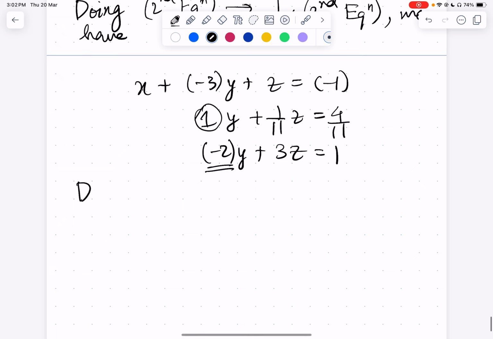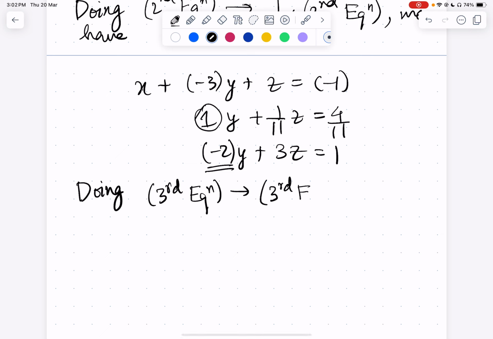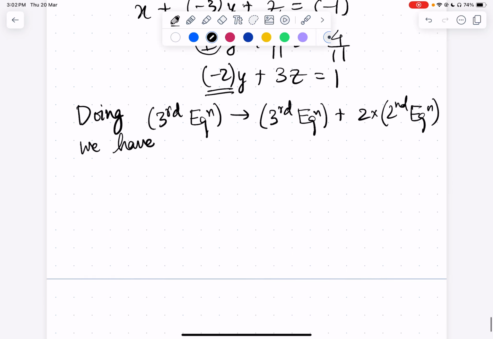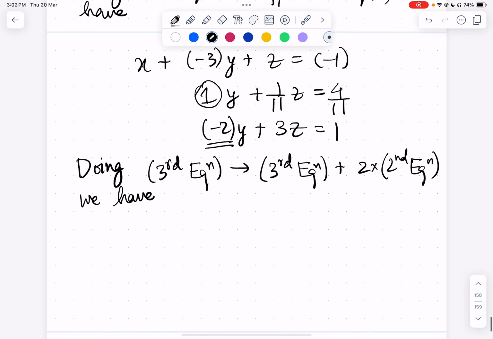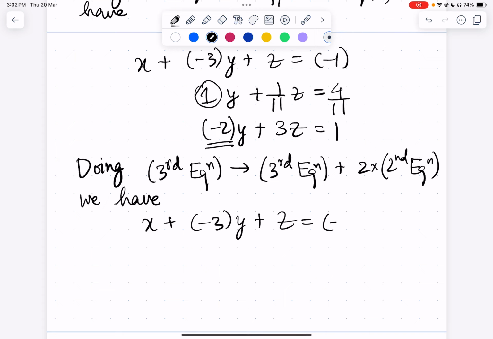So doing third equation to third equation plus 2 times second equation, we have, the first equation will remain the same, x plus minus 3y plus z equals minus 1.